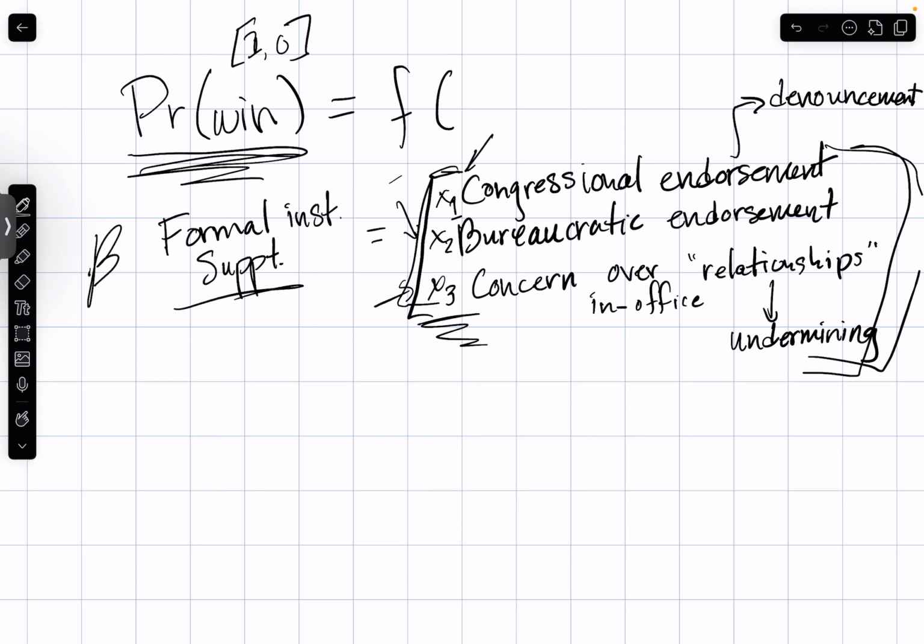All right. Now, the other side of this is that he's getting a bunch of denouncements from Congress, and a lot of his former cabinet members, the people he himself appointed, are now denouncing him and endorsing Kamala Harris. So that's going to benefit Kamala Harris a little bit.